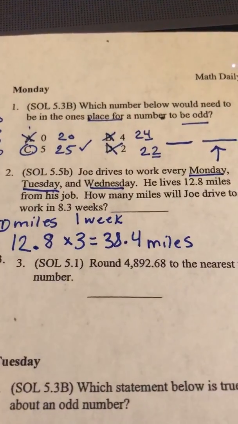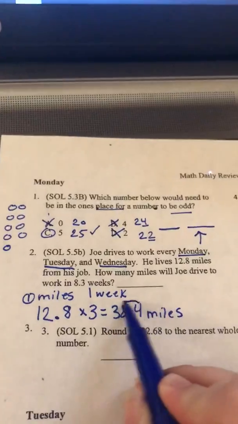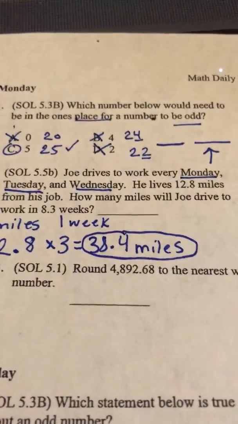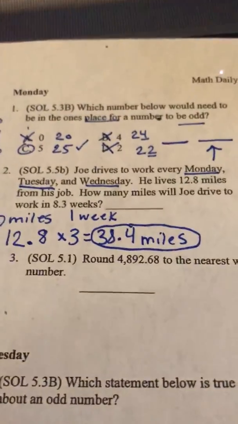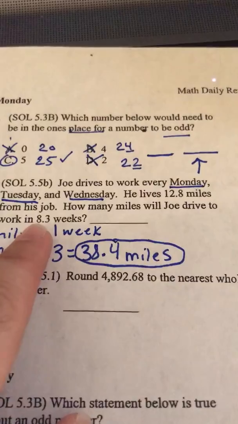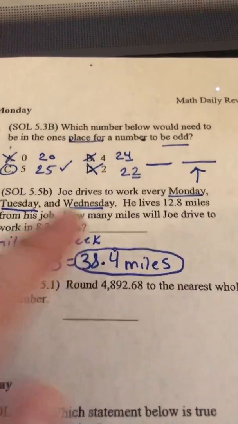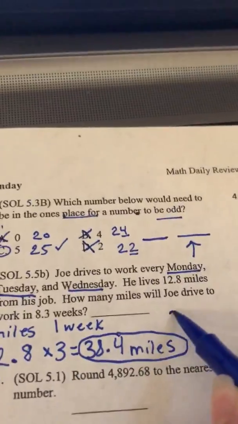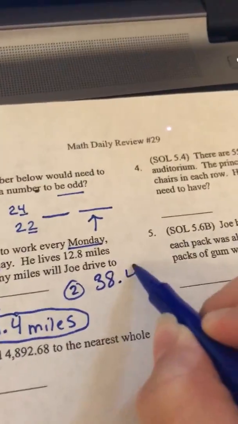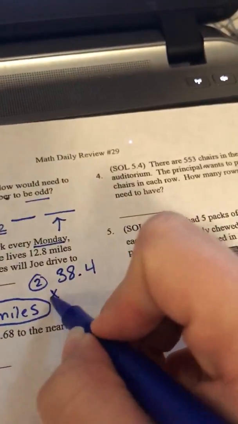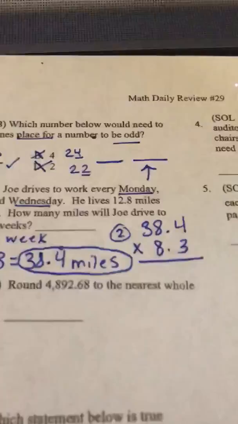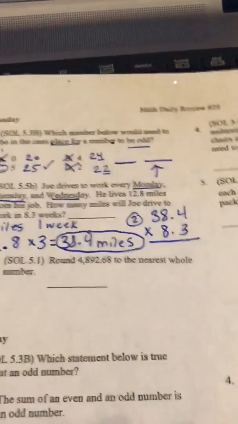And so that means that for a total of 1 week, it would take him 38.4 miles to get there over those 3 days. But it says, how many miles will he drive if he is going to work for 8.3 weeks? So the second step means that we need to take that total and we need to multiply that by the total number of weeks we are looking for.